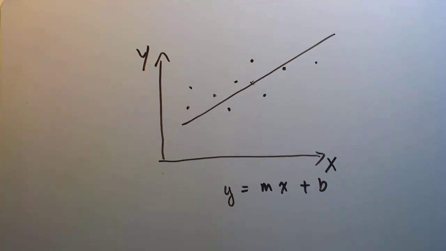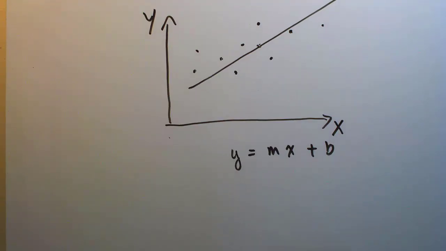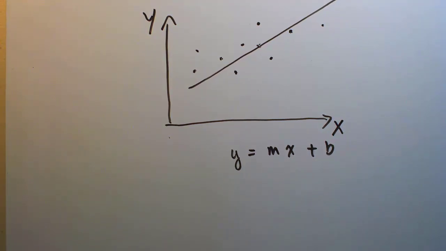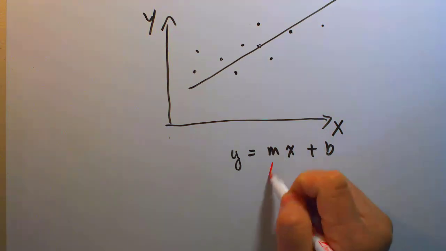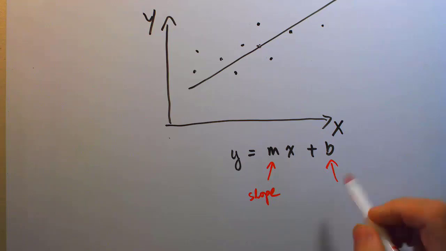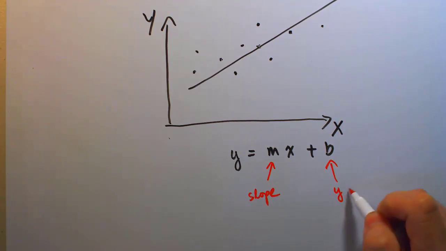Here m is the slope of the best fit line, and b is the y-intercept.